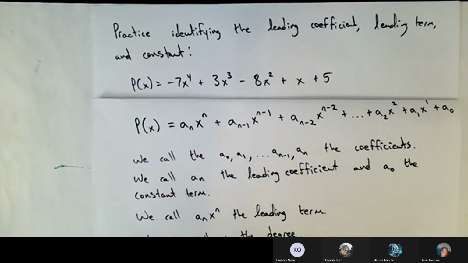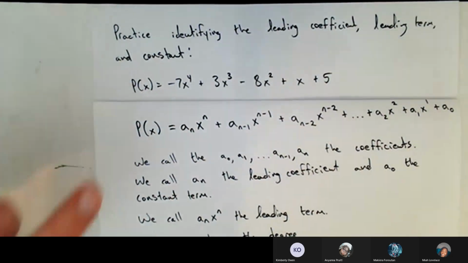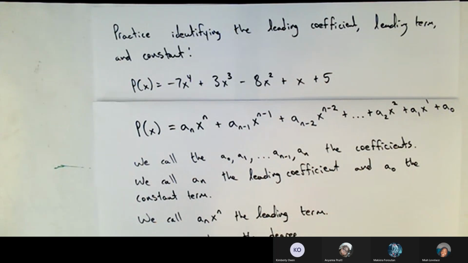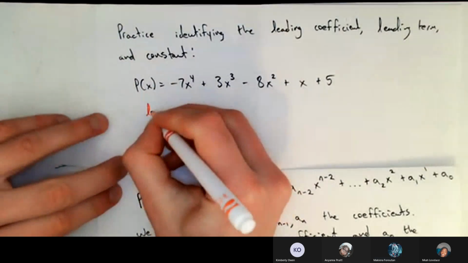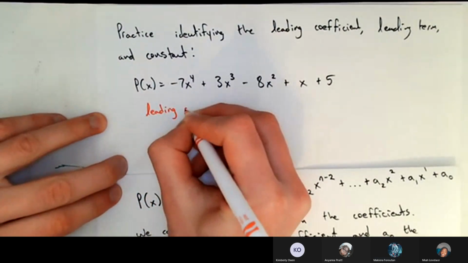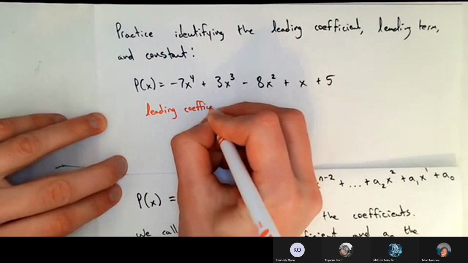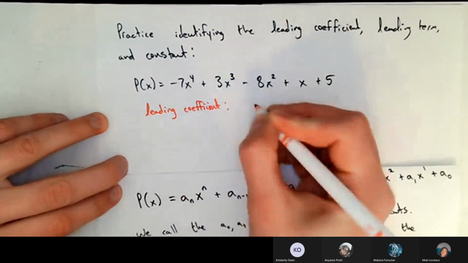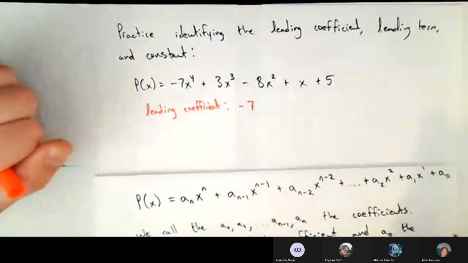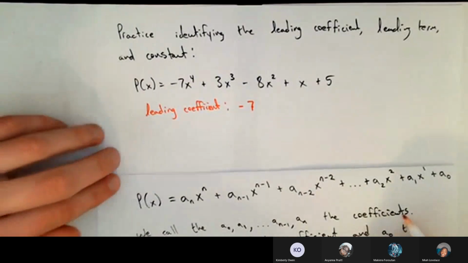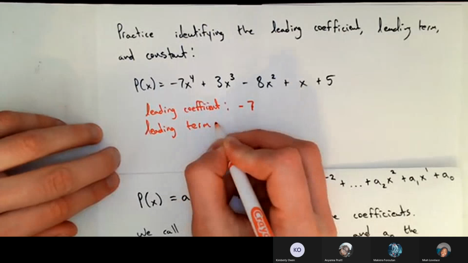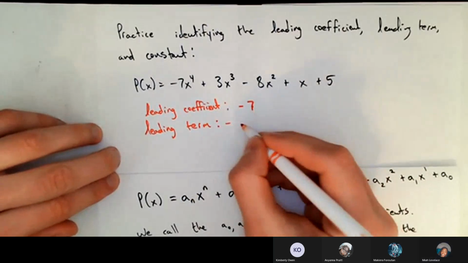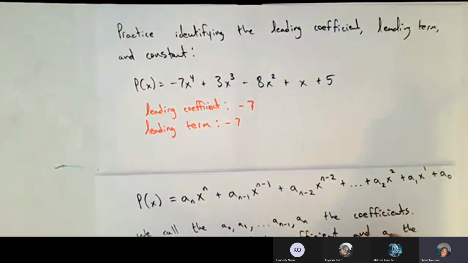Makira, what would the leading coefficient of this polynomial be? -7. That's right. Leading coefficient is -7. And Maya, what would the whole leading term be? You were breaking up.